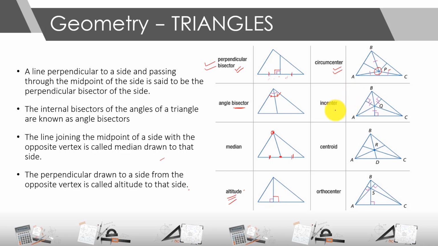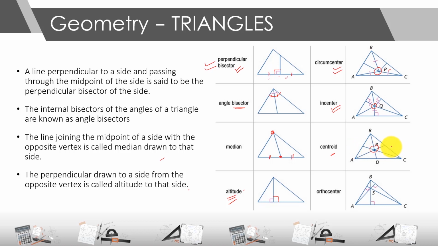Then the intersection of three angle bisectors is called an incenter. So this point Q here is an incenter. Then if we create three medians and they intersect, that point is called a centroid. So here this point R represents the centroid of this triangle.